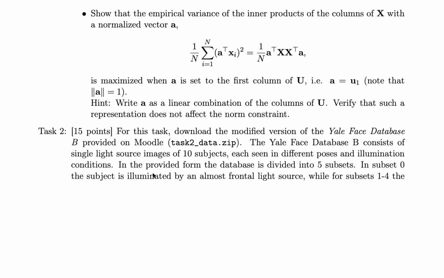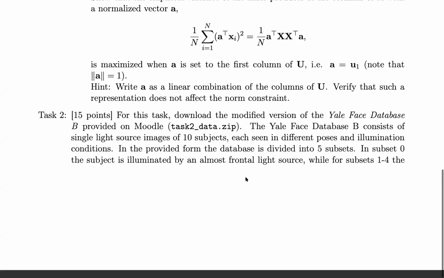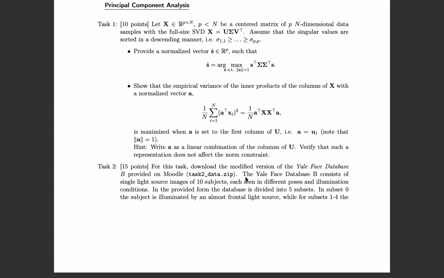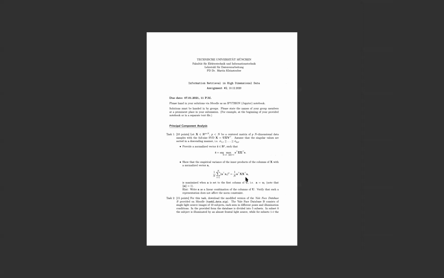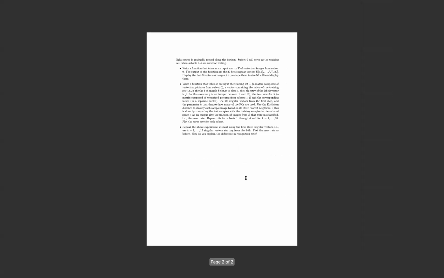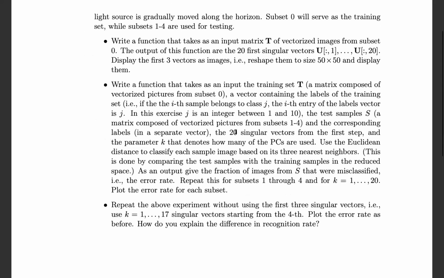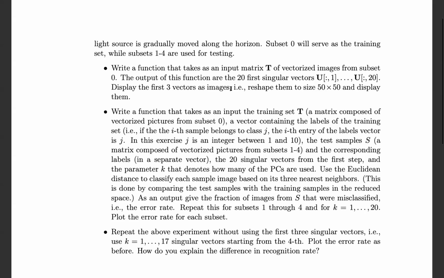In the provided form, the database is divided into 5 subsets. In subset 0, the subject is illuminated by an almost frontal light source, while for subsets 1 to 4, the light source is gradually moved along the horizon.